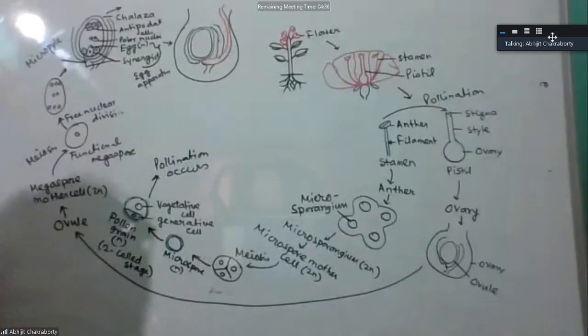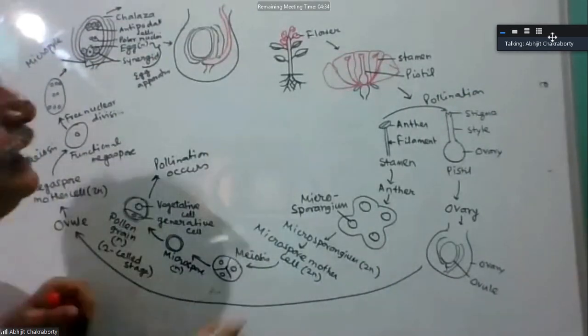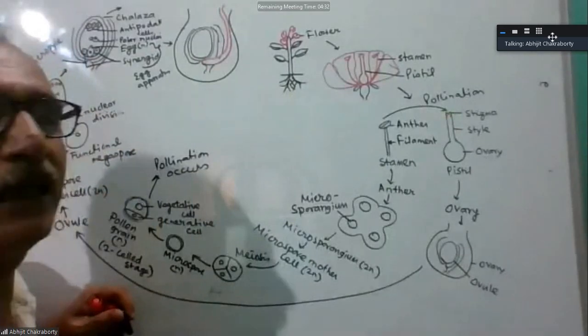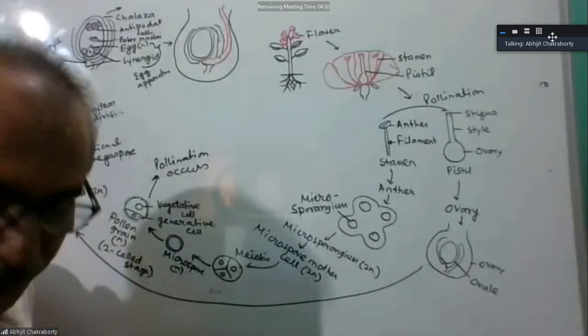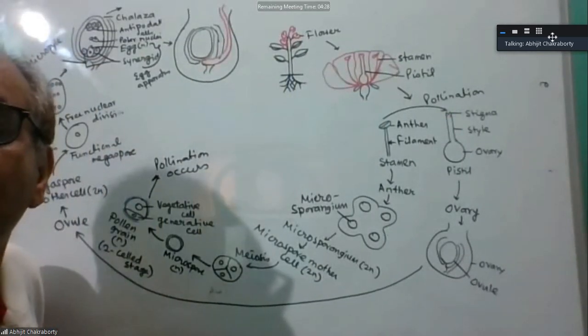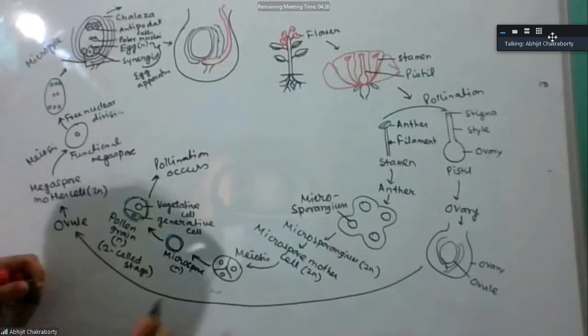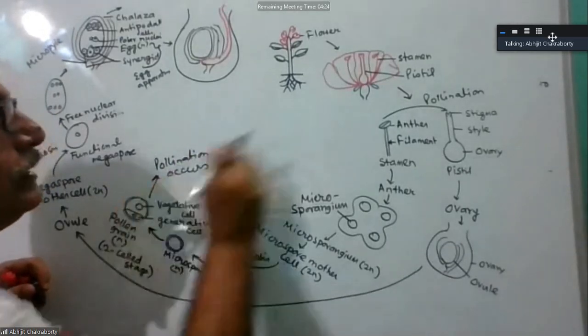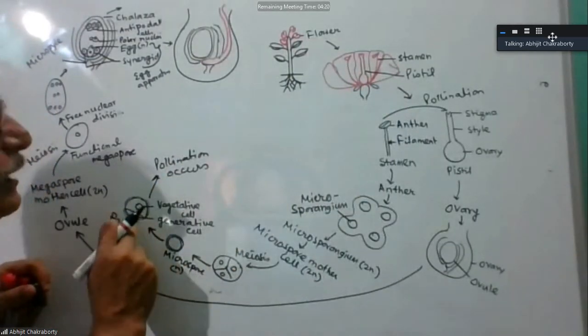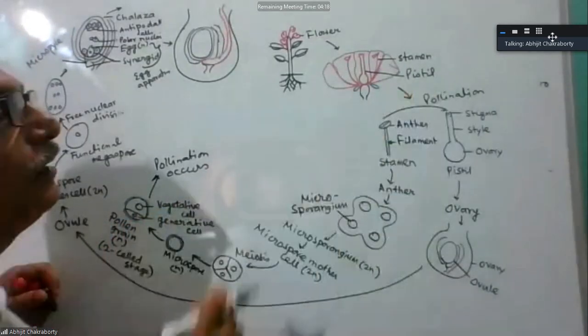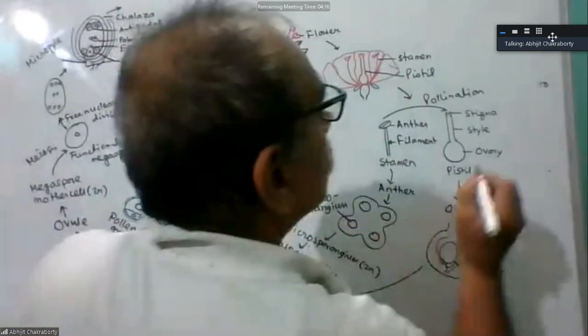After reaching the stigma, the pollen grain, by absorbing the stigmatic fluid, becomes swollen and its inner wall forms the pollen tube. Is it clear now? I'm showing you.